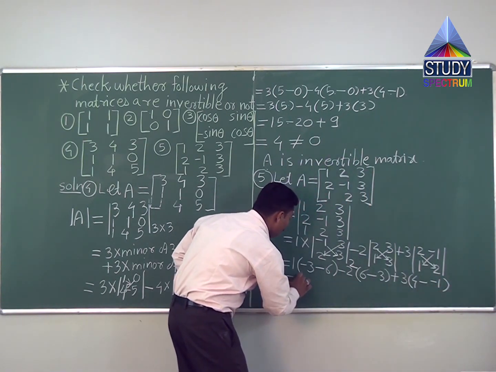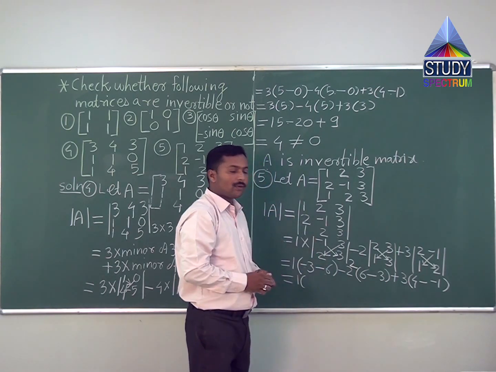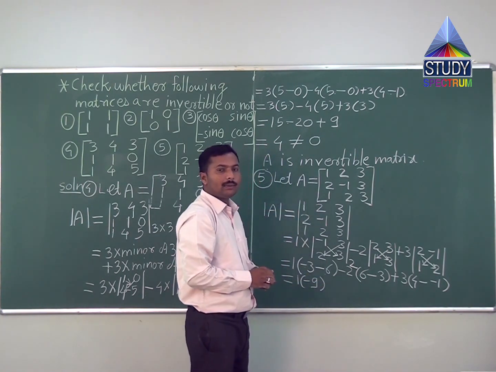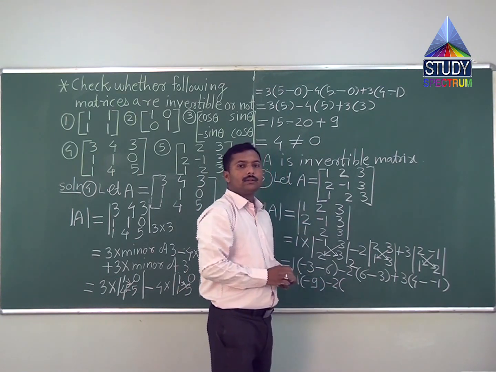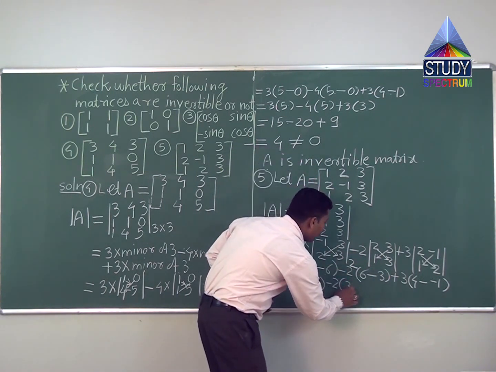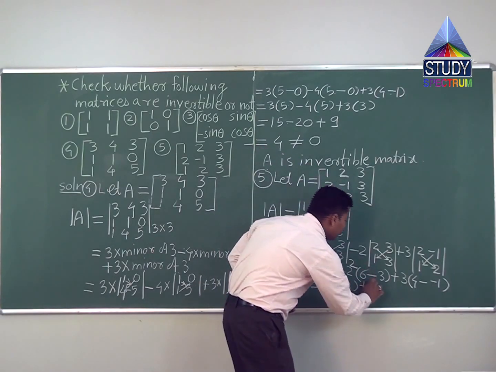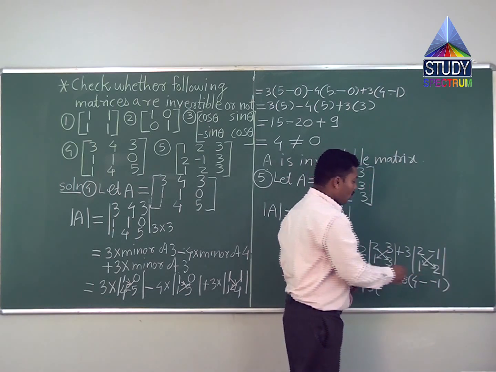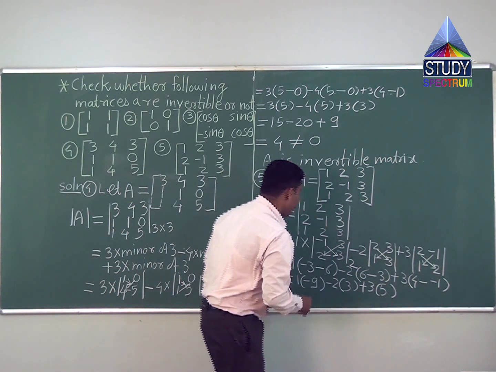So equal to 1 into minus 3 minus 6, which is minus 9, minus 2 into bracket 6 minus 3, which is 3, plus 3 into bracket, here minus minus is plus, so 4 plus 1, which is 5.